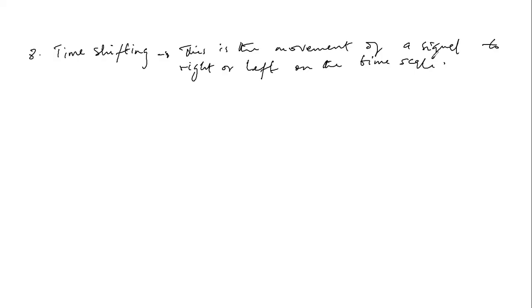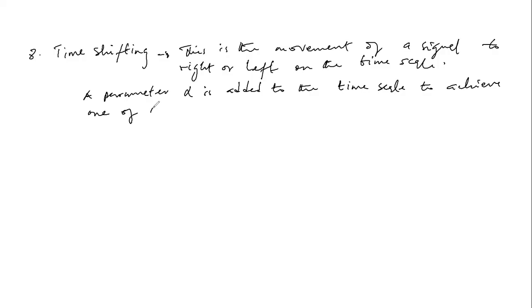So in other words, a parameter, say alpha, is added to the time scale to achieve one of two things, which is time advance and time delay.